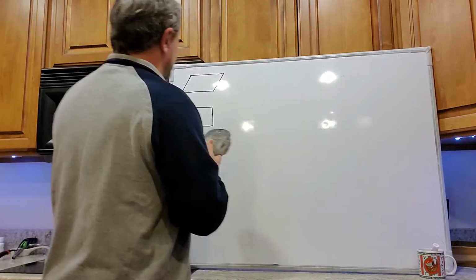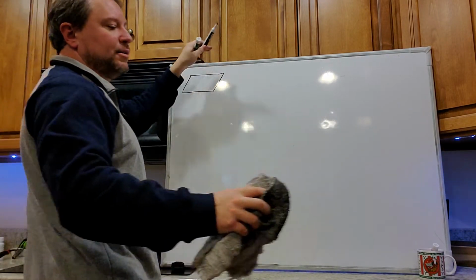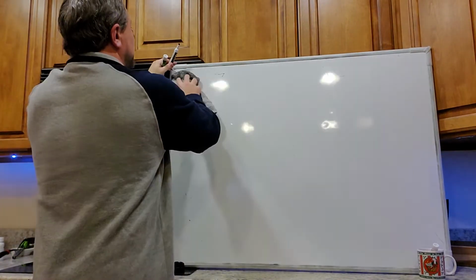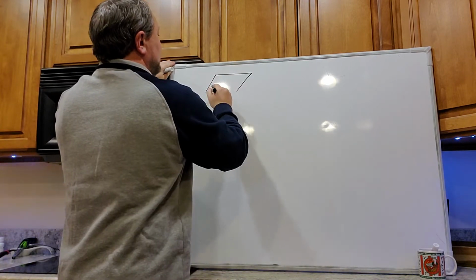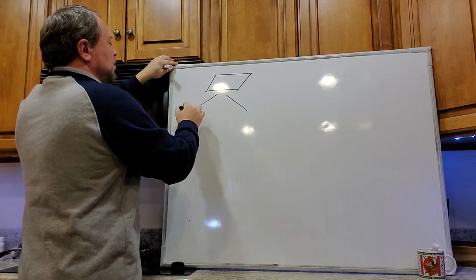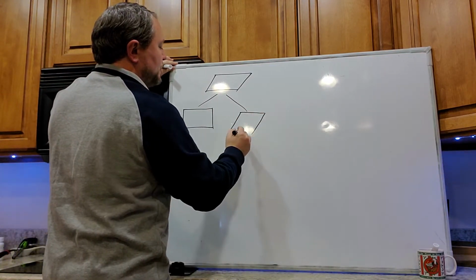You know, I'm going to draw this kind of like we did my family tree that I have on the other side of this board. Okay, I'm going to draw it like that, where we had the parallelogram, and remember the family tree branched out to the rectangle and the rhombus.